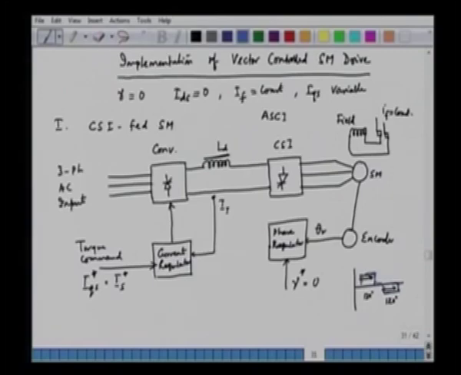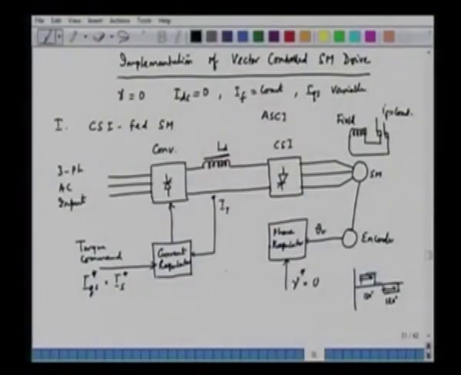So, effectively the current is delayed. To compensate for the overlap delay, we have to give some compensation here. So, here we have the commutation delay compensation.